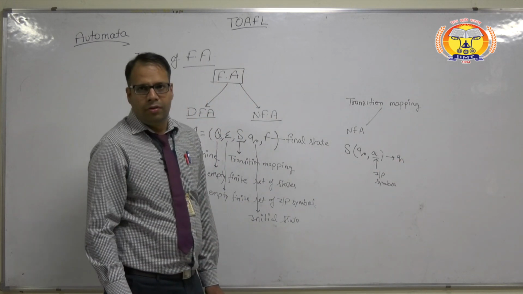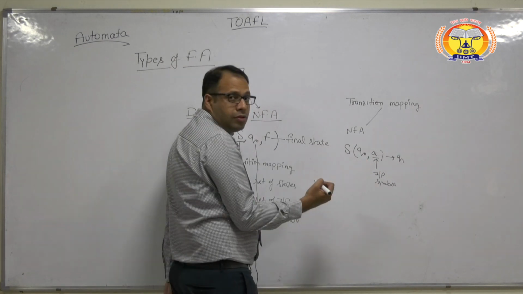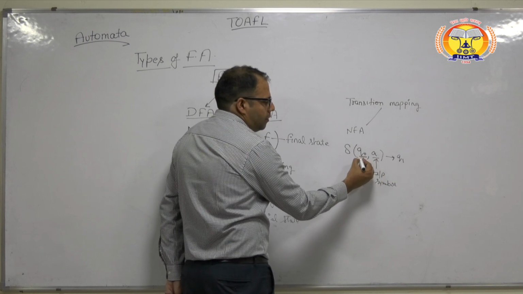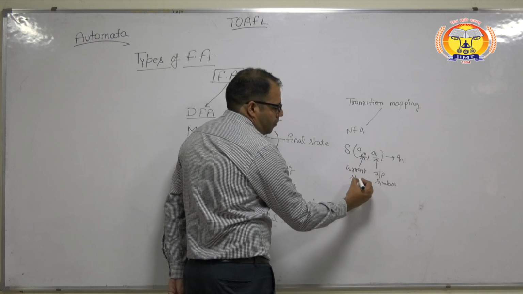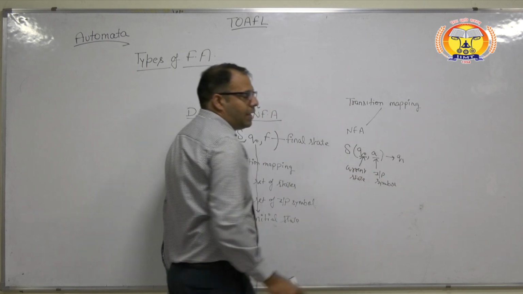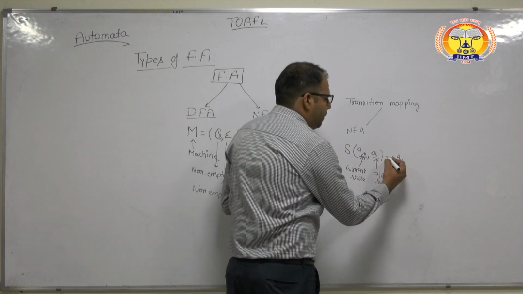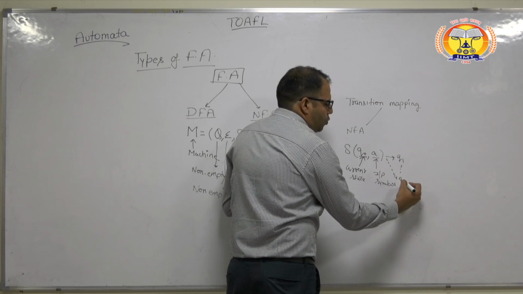In NFA, when we give a set of sequence or a symbol as input on a current state, there are a maximum number of possibilities, and it can move to multiple states, Q1, Q2 and so on.